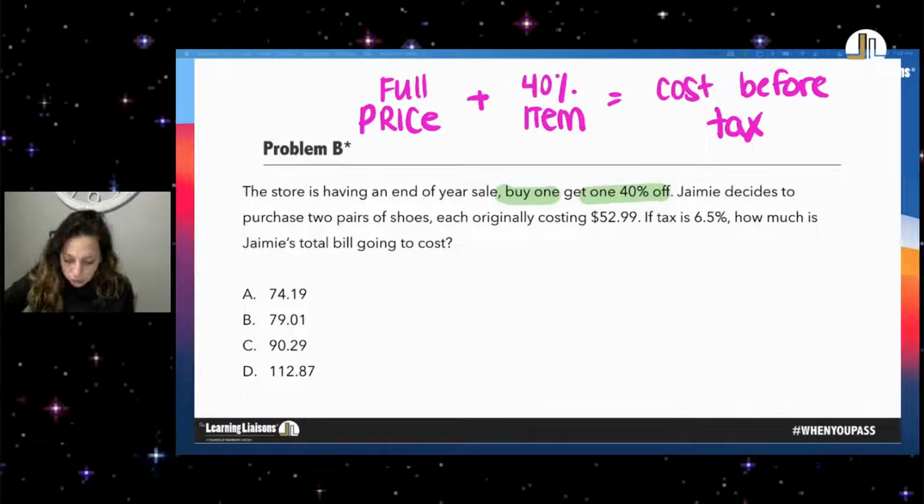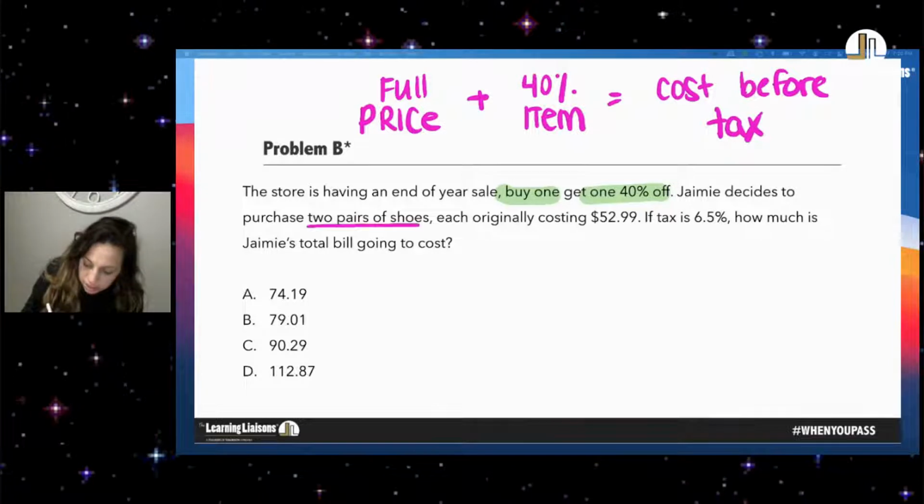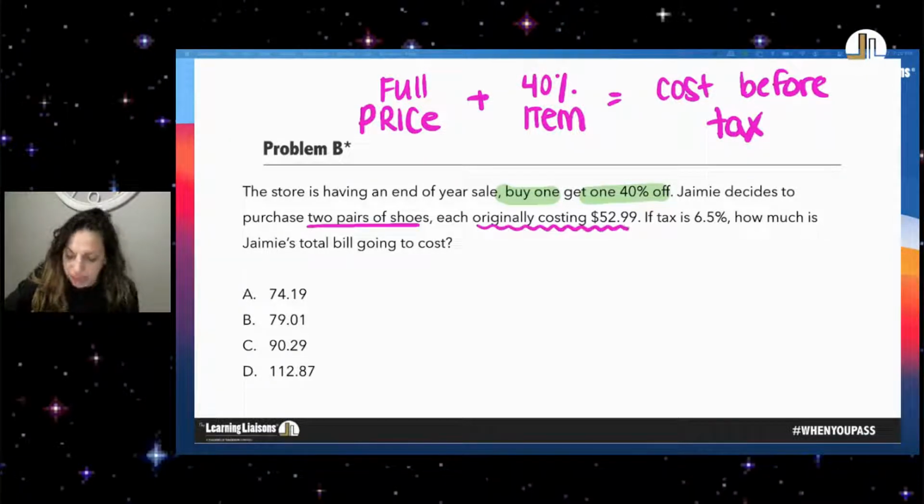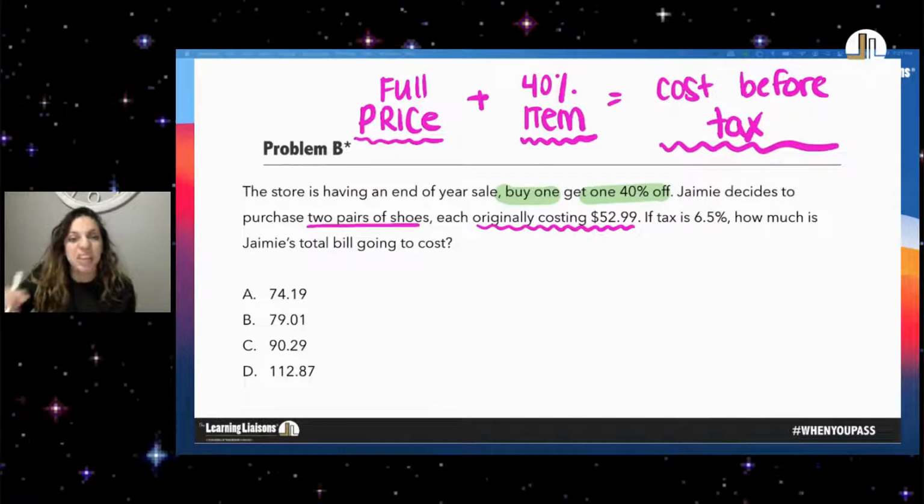Jamie decides to purchase 2 pairs of shoes, each originally costing $52.99. So if she's buying 2 pairs of shoes, she's going to get one at full price and one at 40% off, and then we can find the cost before tax, because then it says if tax is 6.5%, how much is her total bill?